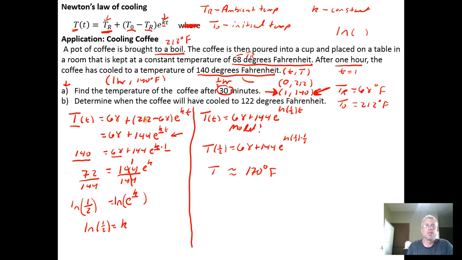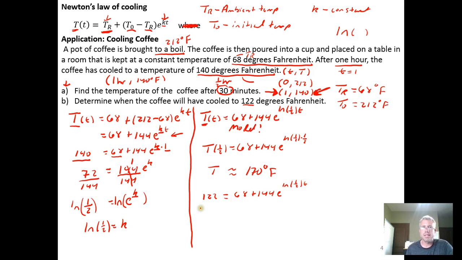Now we can answer part B, determine when the coffee will have cooled to 122 degrees Fahrenheit. So now we're being asked when this happens. So this is a temperature. So we need to go back to our model and replace temperature with 122. And our model is 68 plus 144 e to the natural log of 1/2 times time.